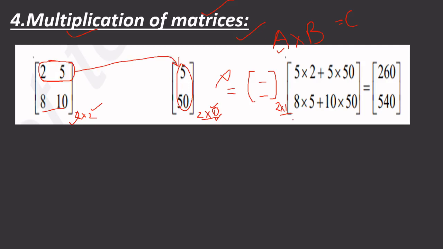That means 2 multiplied by 5 plus 5 multiplied by 50. We add and we get 260, the first element. Now 8 multiplied by 5 and 10 multiplied by 50, we get our second element, and this is our 2 cross 1 matrix, the resultant of the first and second matrix.